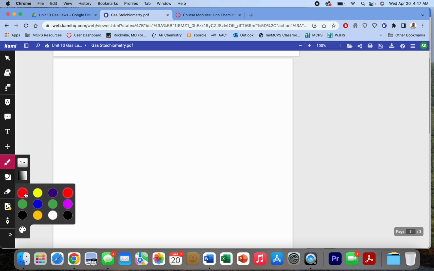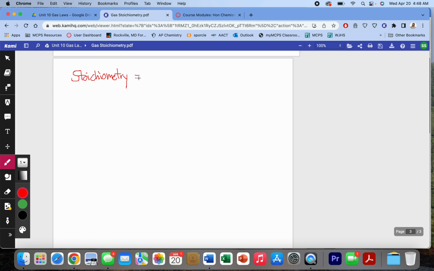You guys may or may not remember what stoichiometry is, but let's first write this: stoichiometry. Stoichiometry is using a chemical equation to convert information about one substance into information about another substance, right?